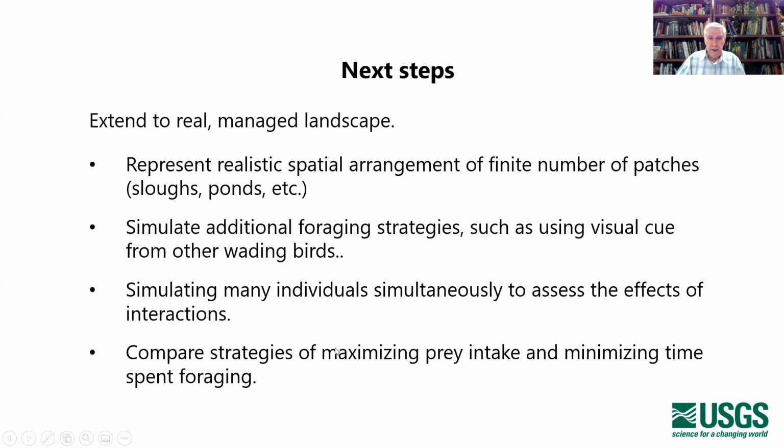And compare strategies for maximizing prey intake with minimizing time spent foraging. I think that our results for maximizing prey intake probably give hints as to what the wading birds should be doing for minimizing time spent foraging, but we're not sure. They might be a little bit different.